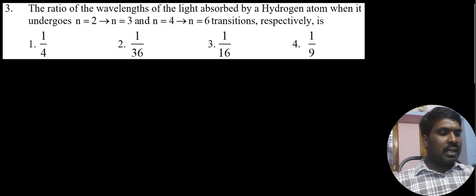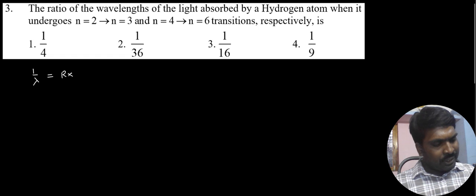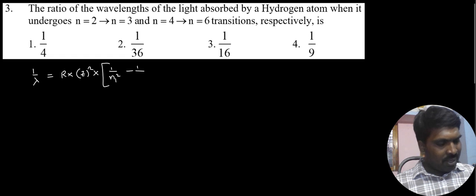The ratio of the wavelengths of light absorbed by a hydrogen atom when it undergoes n equal to 2 to n equal to 3 and n equal to 4 to n equal to 6 transitions respectively is. So now here we can use the Rydberg equation. What is the formula? 1 by lambda equals R into Z square into 1 by n1 square minus 1 by n2 square.